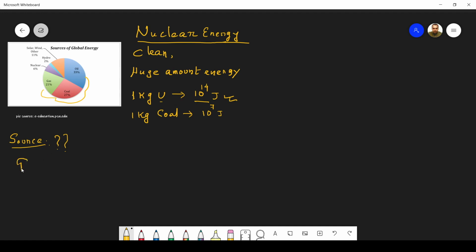We have to understand this phenomenon. So what is fission? Fission means breaking, the breaking of a heavy nucleus into smaller nuclei. So a heavy nucleus breaks into, suppose, a small nucleus 1 and a small nucleus 2. So how do you break them?